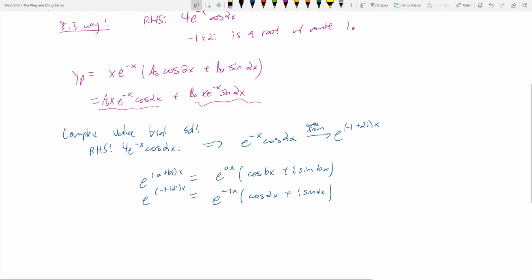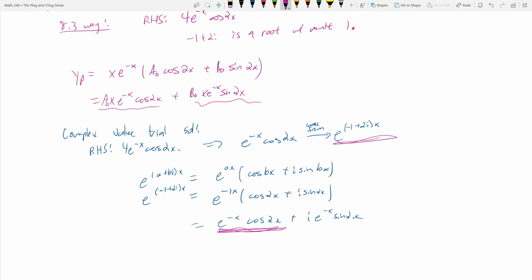And here you see clearly that this is e to the negative x cosine 2x plus i e to the negative x sine 2x, and you see clearly that e to the negative x cosine 2x is a part of this, right?